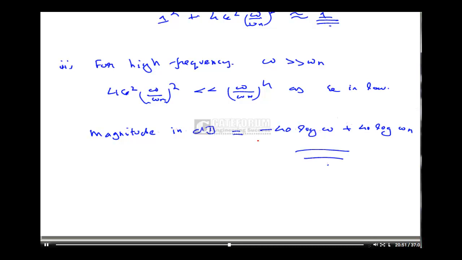Now we will see certain examples which will clear more concepts about the Bode plot. Okay, so now we will use these techniques in plotting the Bode plot. Problems. First one is, okay, the transfer function of a system is given.